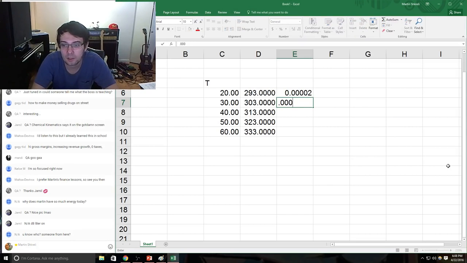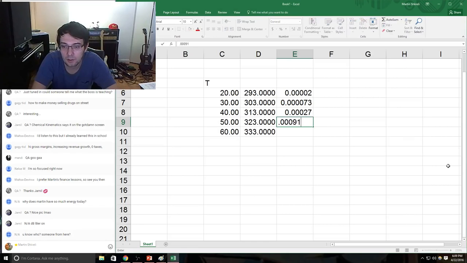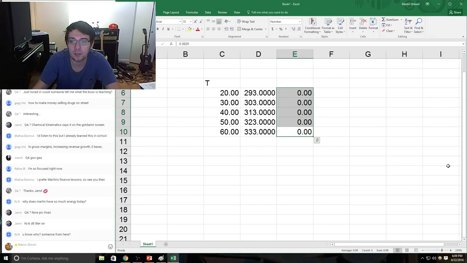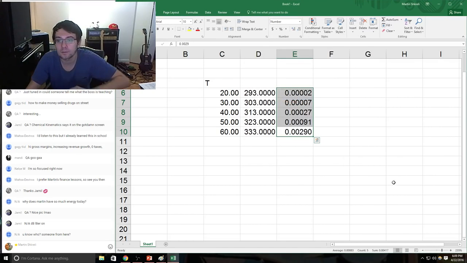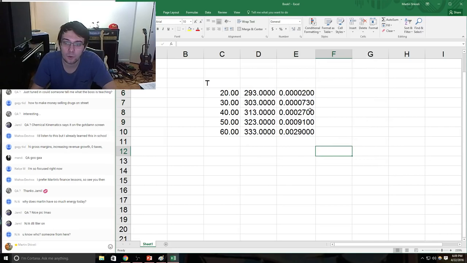And here it'll be the same except 73. And here it'll be the same except it's three zeros instead. It's 27. And here it's the same except it's 3 zeros, 91. And here it's 2 zeros and 29. So we can see that the rate goes up with temperature, which makes sense.